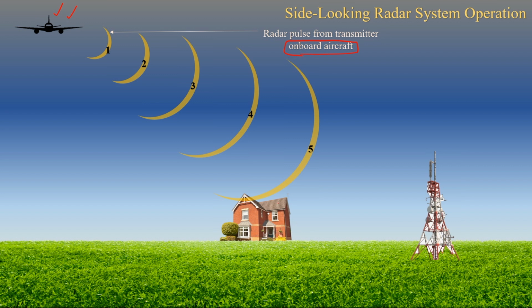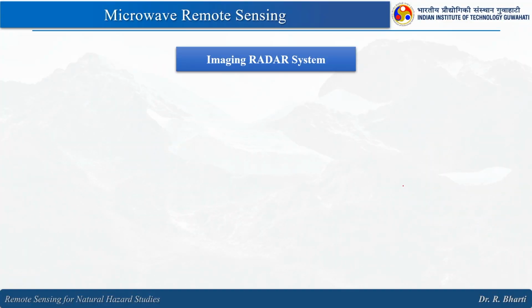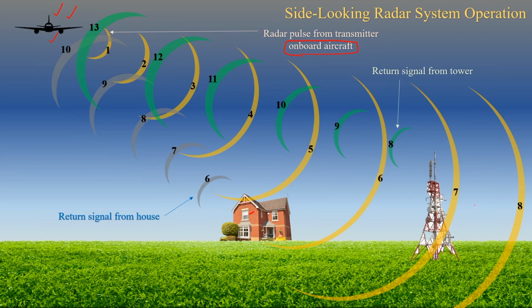So this does not necessarily depend upon the height of the object. This is the position of the sensor and how it is looking at the ground. Now you see this particular house has started giving back the back scattering signal. Now this has interacted, now this will start sending the signal, right. So here we have two pieces of information, one is time, another one is back scattering.